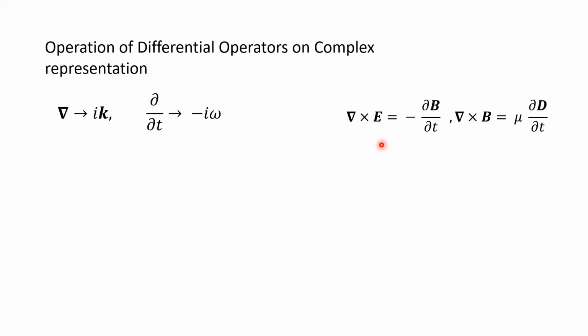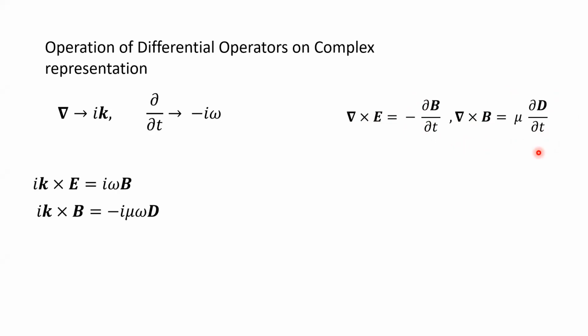That is the great utility of complex representation. And if you apply these things on Maxwell's equations, the two Maxwell's equations are these two: del cross E, which is Faraday's law, and the modified Ampere's law. We are not taking any free current here. Then, if you apply del cross and del by del t on the fields, remember all the fields have that constant exponential factor, exponential i k dot r minus omega t.